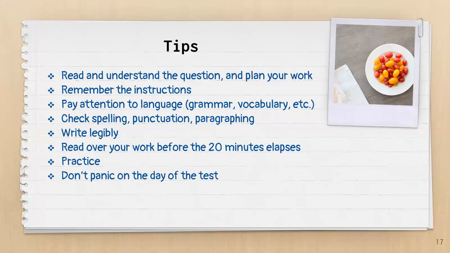You should be able to read over your work before the 20 minutes elapses. Planning your work, writing, and proofreading, everything should be done in the 20 minutes. And it's important for you to read over your work because as you write, the brain is moving faster than the hand. And so definitely there will be some mistakes in there you need to correct.